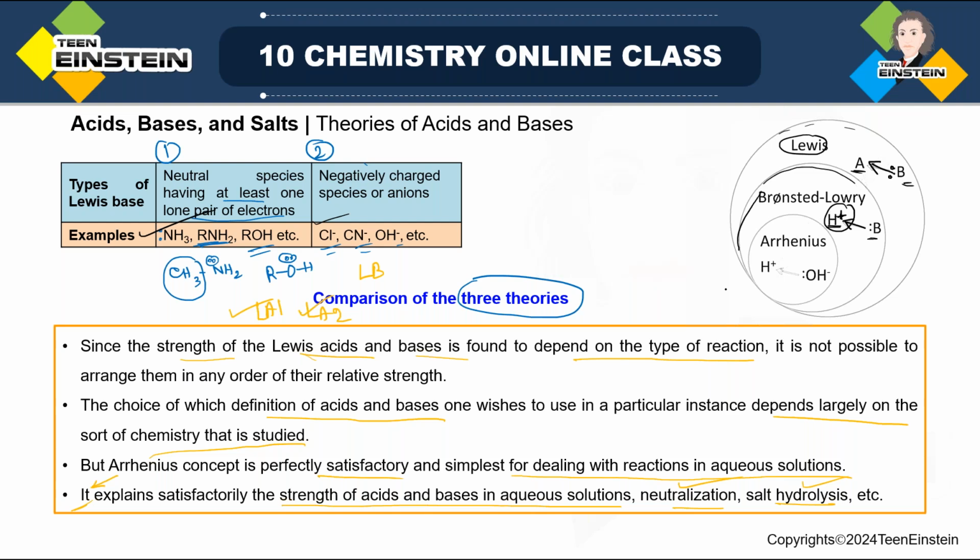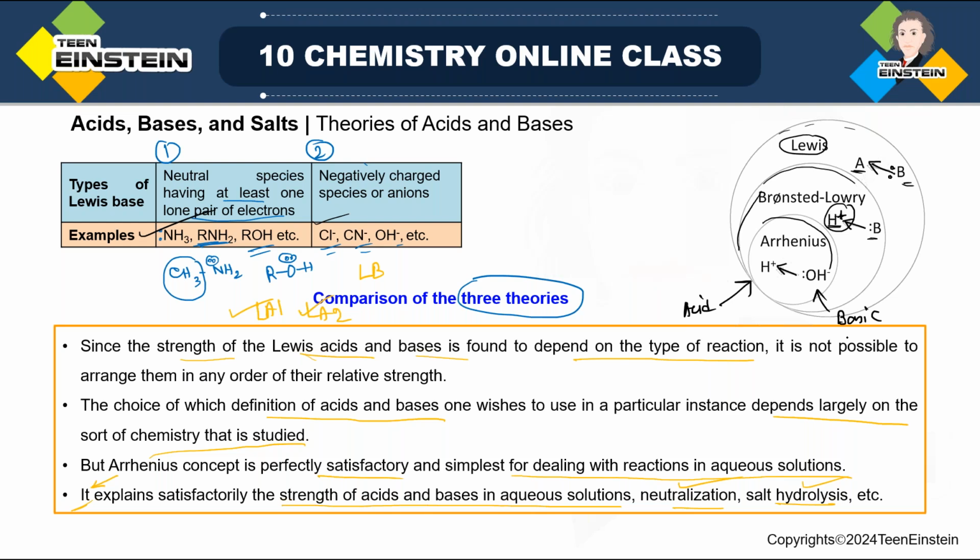Now come to the smallest one, which is the least general, Arrhenius, where HO minus will be generated by the base, and H plus will be generated by the acid. So it must generate HO minus. That is the definition of base. And in Bronsted, what do we say?